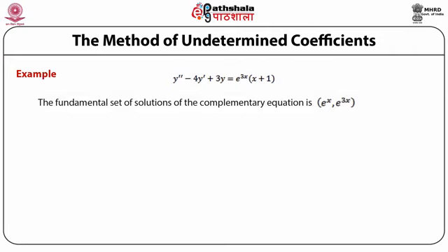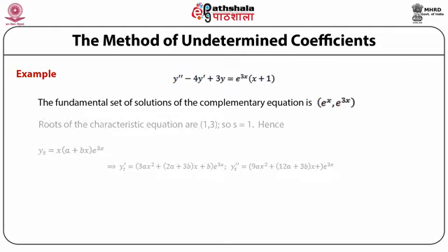The fundamental set of solutions of the complementary equation is e raised to power x and e raised to power 3x. Roots of the characteristic equation are given by 1 and 3. So, s is equal to 1. Hence, yt is equal to x times (a plus bx) times e raised to power 3x.